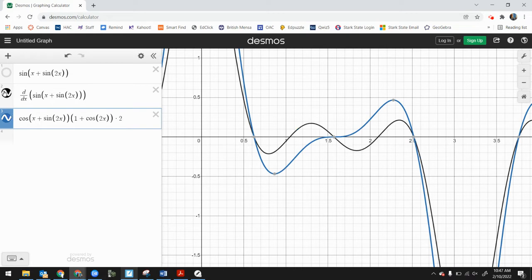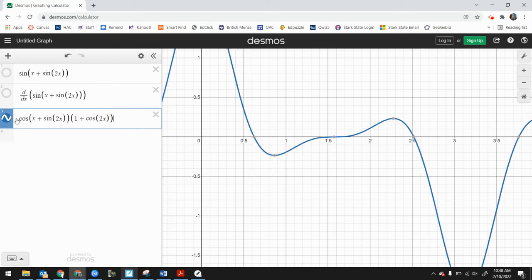Oh, something is wrong there. What did I do wrong? There's something weird. Cosine of 1 plus cosine 2x. Maybe my parentheses are just off.